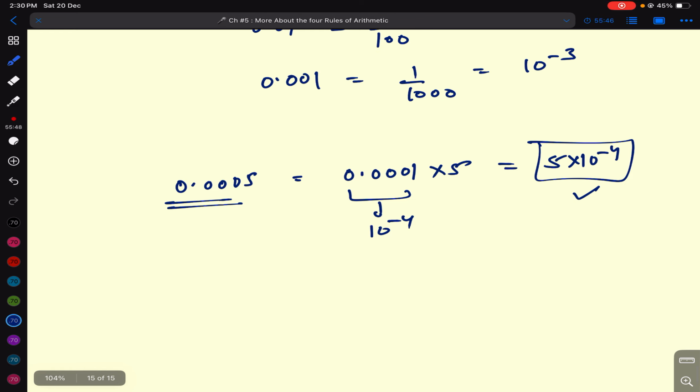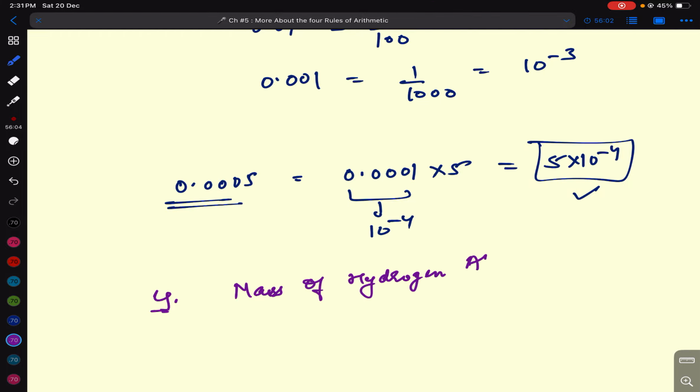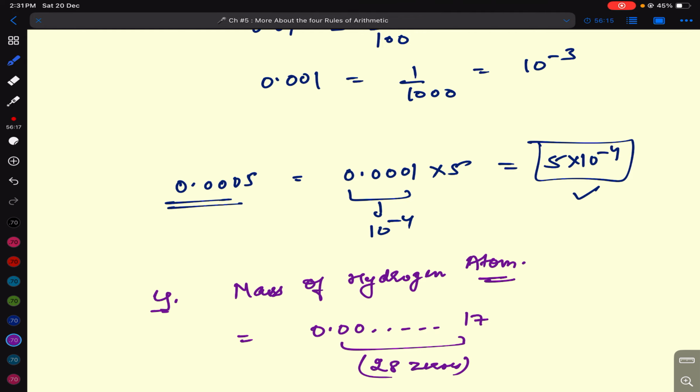Okay, and since I mentioned that this is when we have to figure out extremely small numbers, the example would be the mass of a hydrogen atom, which is extremely small, and that is 0.0017, with 28 zeros.